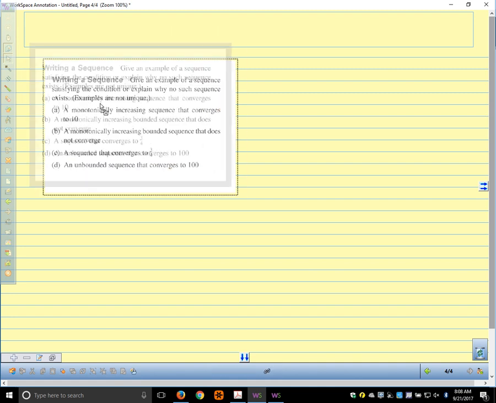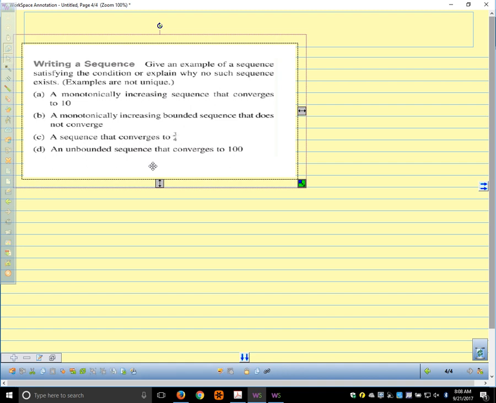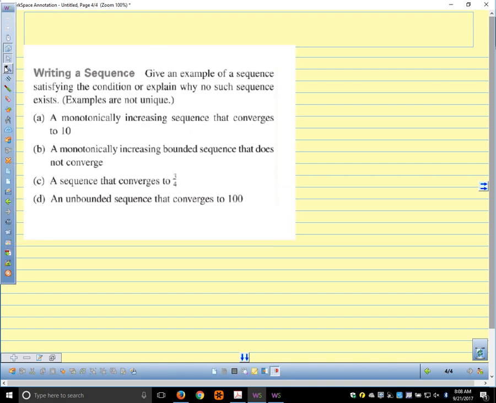All right, so we want to come up with a sequence that satisfies these conditions, and if we can't, then we have to explain why. So the first one, we want a monotonically increasing sequence that converges to 10.